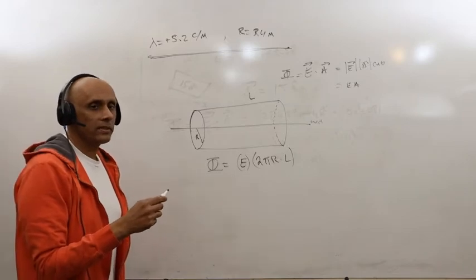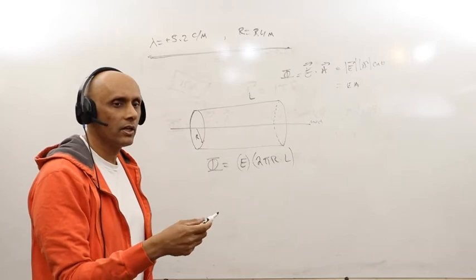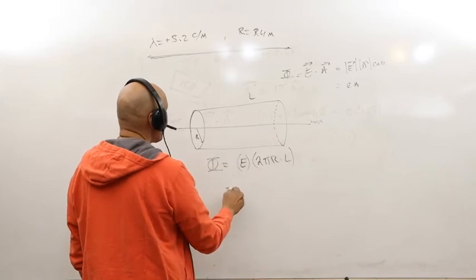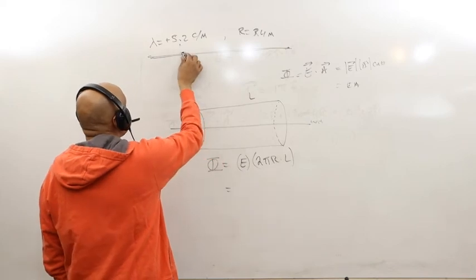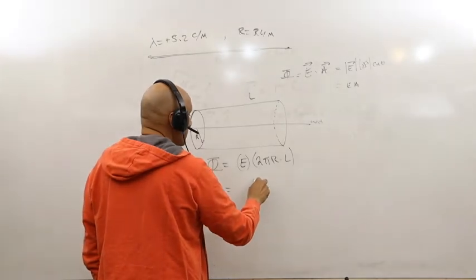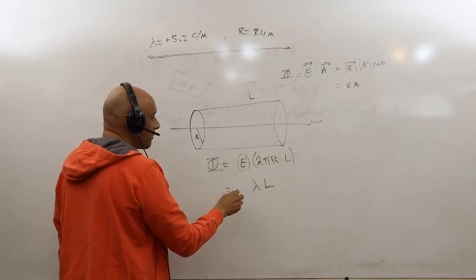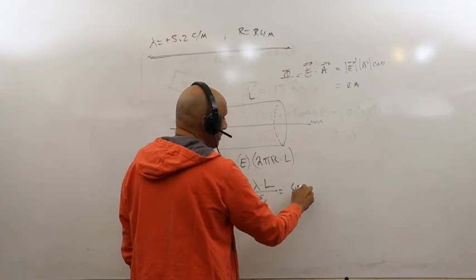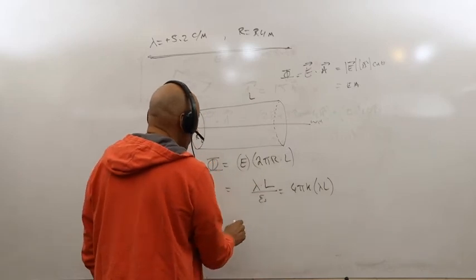But Gauss's law says that the electric flux is also proportional to the charge within that cylinder. The cylinder length is L, and lambda is 5.2 coulombs per meter, so the amount of charge inside is lambda times L. Most textbooks use division by epsilon naught, but I would like you to remember it's 4 pi k times lambda L. So I'm going to equate both these equations together.